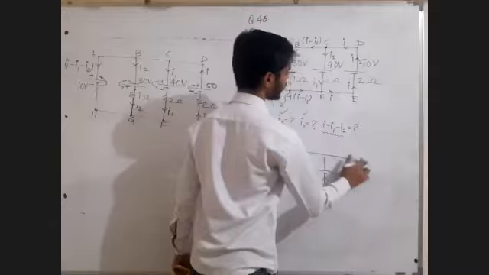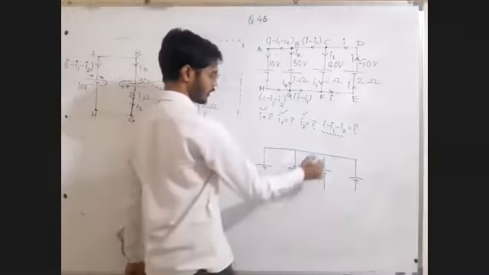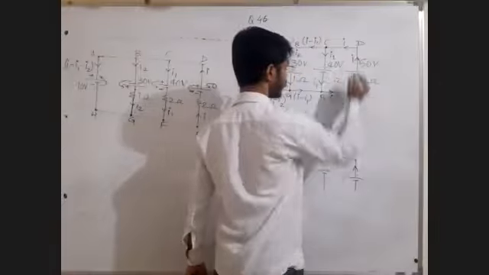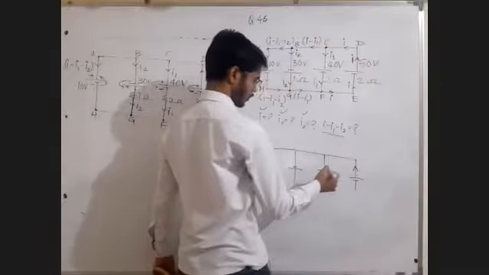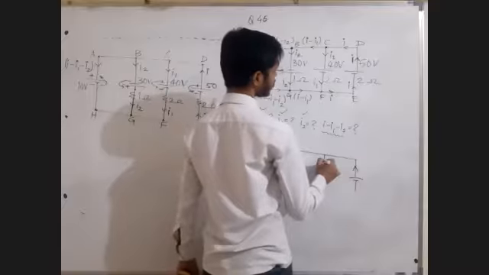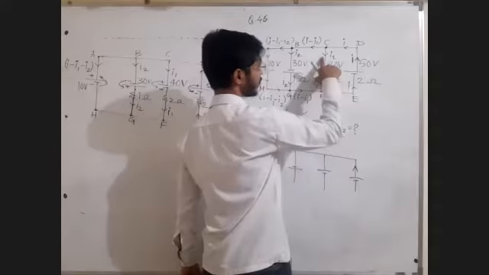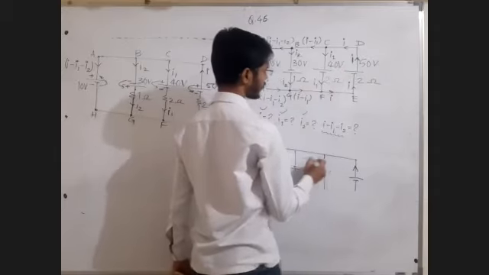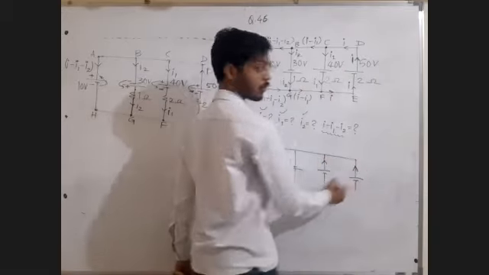Now do not indicate any variable here, because now you are going to write the values. This value I1 came out to be what? And it was negative. So its direction I showed downward, but now I am going to show it upward.